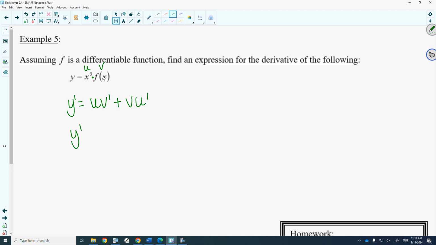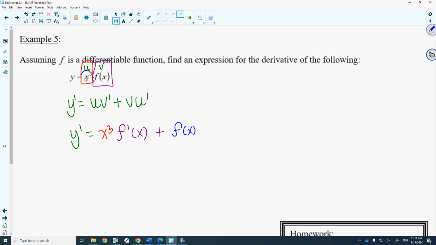So the derivative of this is going to be u. V prime would be the derivative of this function, which would be f prime of x. So uv prime plus v is f of x, and then u prime is the derivative of this function.